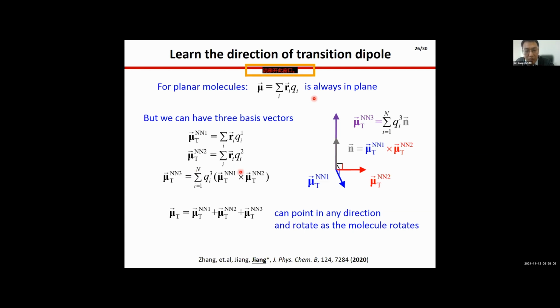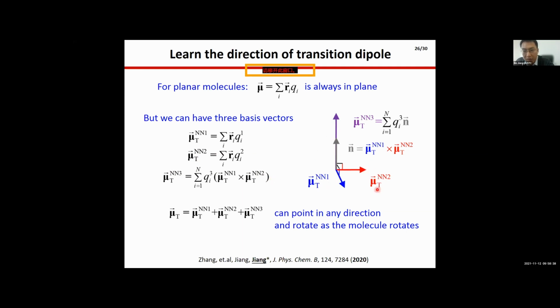So we again try to borrow the idea from physics. You can introduce 3 different neural networks to represent the dipole moment vector, and the first 2 are just 2 different outputs of the same neural network, and you take a cross product to get the third vector.